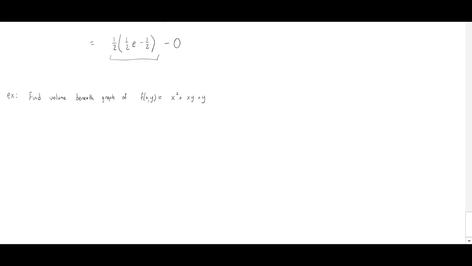So find the volume beneath the graph of this function, and above the rectangle R, let's do 0, 1 again, but here let's do maybe 1, 2. Okay.